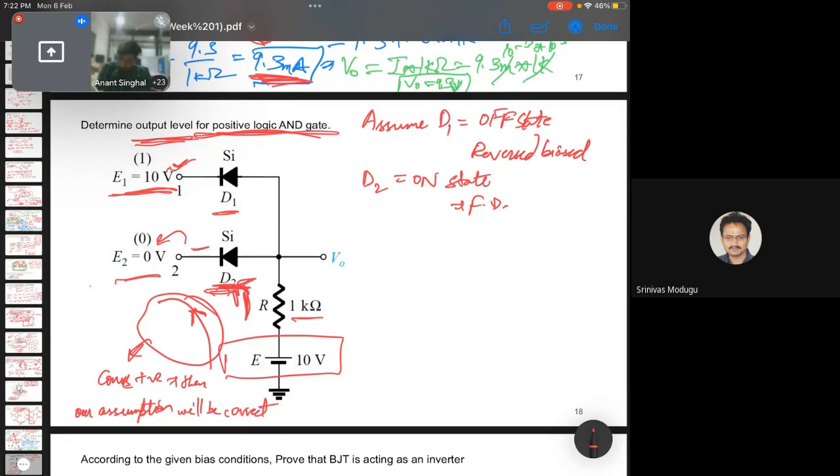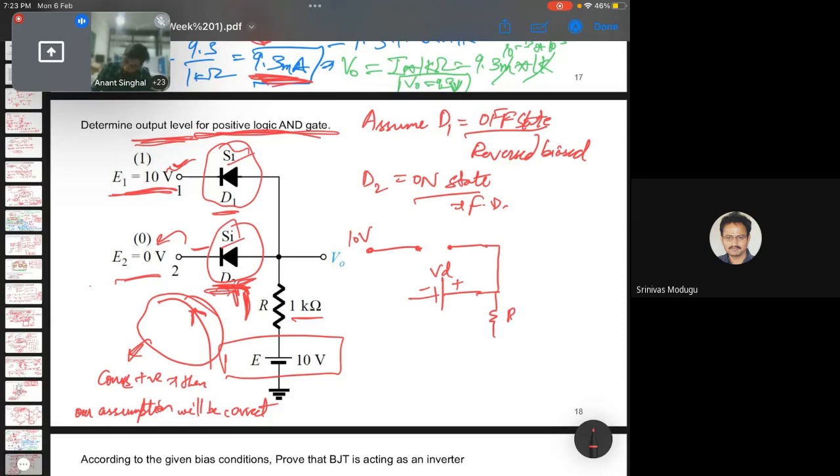So let's try to make a circuit out of it. We are saying that D1 is in off state and D2 is in on state, so D1 is nothing but an open circuit. Again, these are silicon diodes, so we'll take the voltage drop model. This is reverse bias, 10 volt. Then this is forward bias, so I'll take a voltage like this, which is VD.